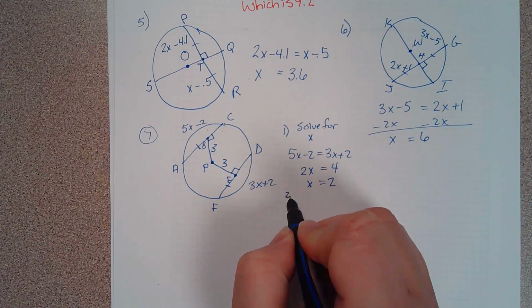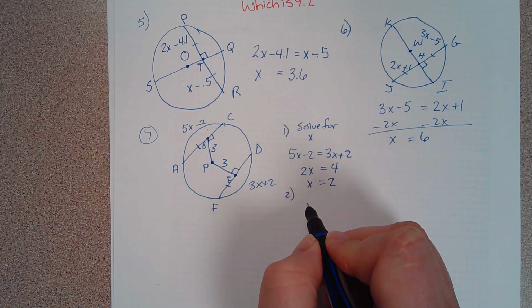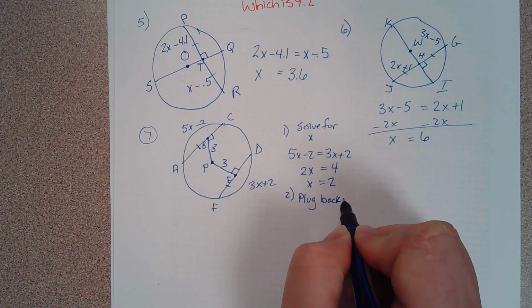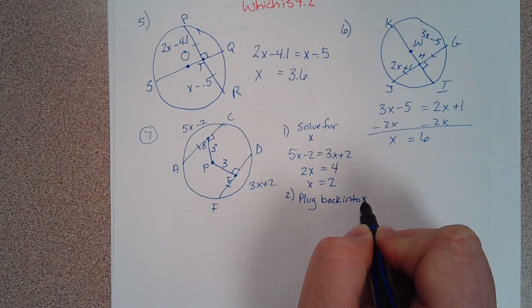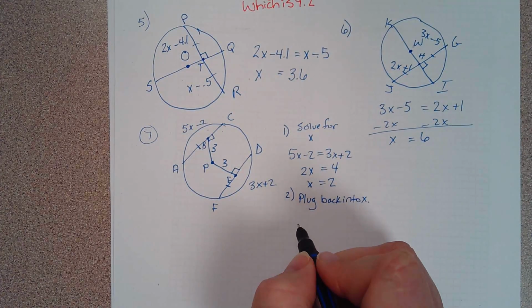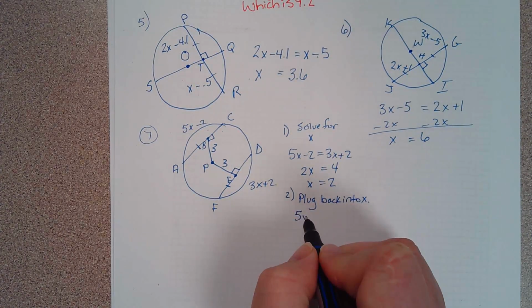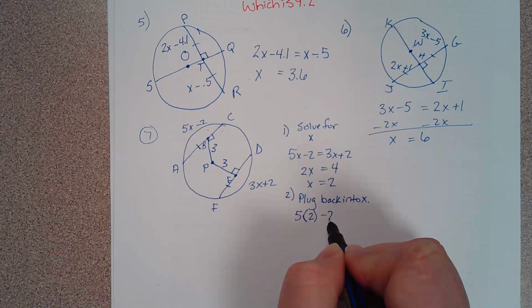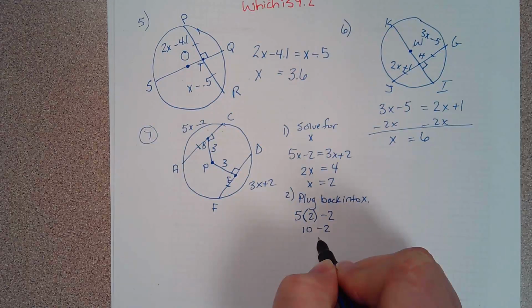Step 2 in this is going to be plug it back in. So plug back into x. When I do that, I'm going to end up with 5 times 2, minus 2, so 10 minus 2 is 8.